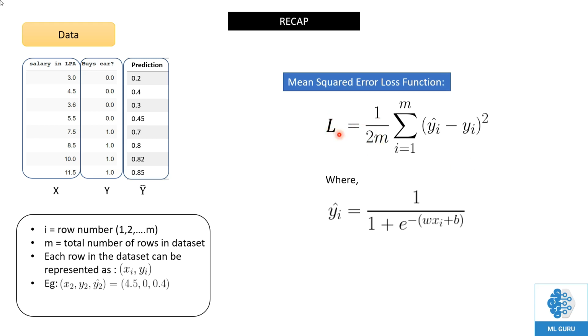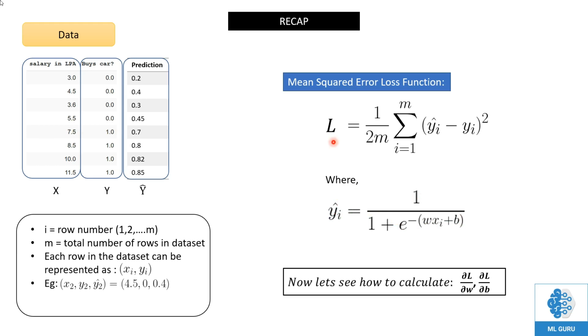So this loss function denoted by capital L depends on your predicted value, which is given by your sigmoid function formula. For any ith point, you just input your xi, you have your values of w and b, and it will give you a value, which we denote by yi hat, meaning it is the predicted value corresponding to your ith row.